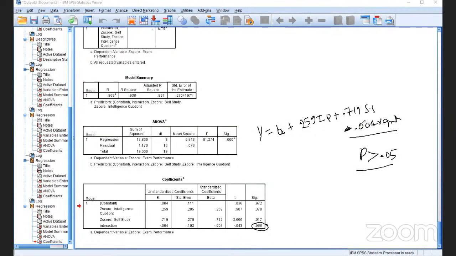It's not significant because its value is greater than 0.05. Okay, so for reporting purposes, your question is how to report the constant. For reporting purposes, we should use our original equations. Again I am showing you my data.